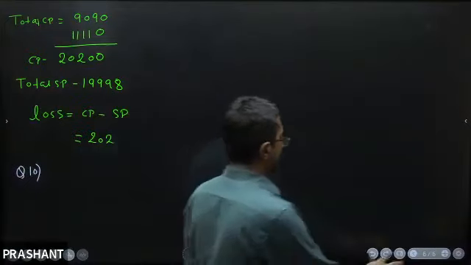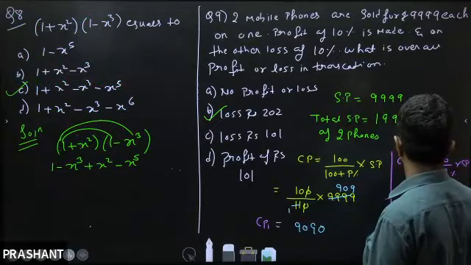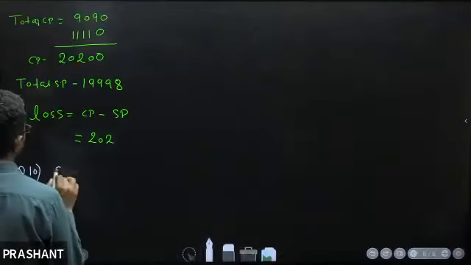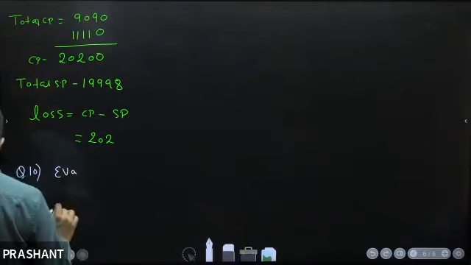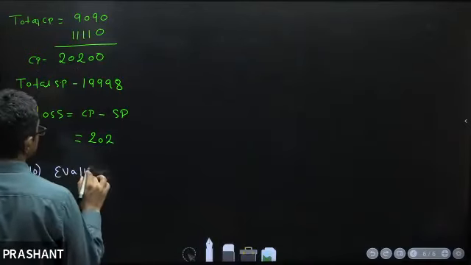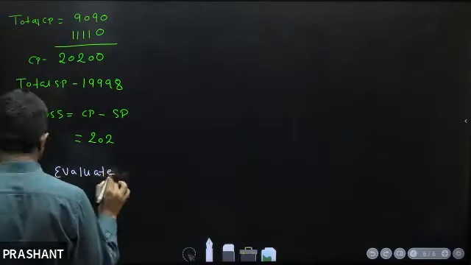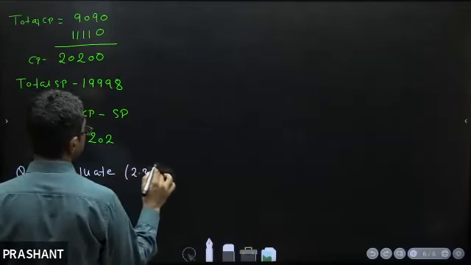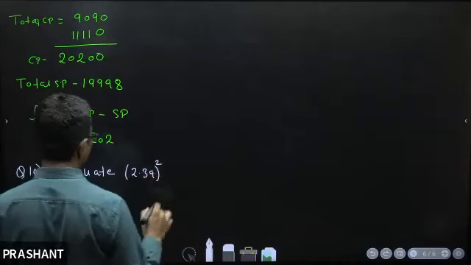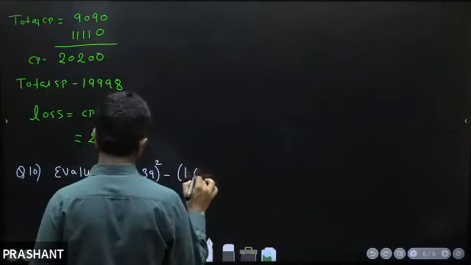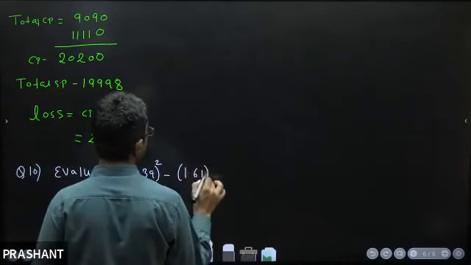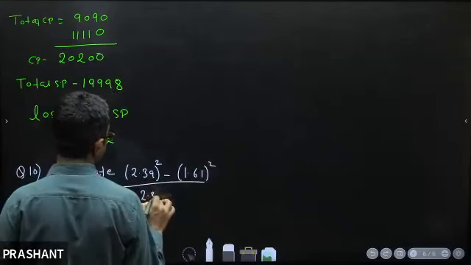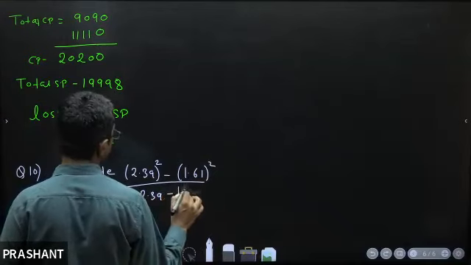Question number 10. Evaluate (2.39) whole square minus (1.61) whole square upon 2.39 minus 1.61.